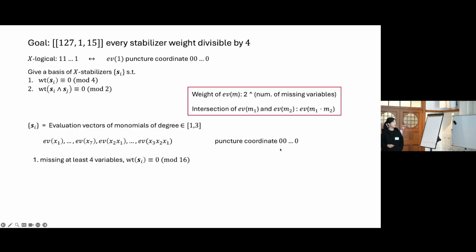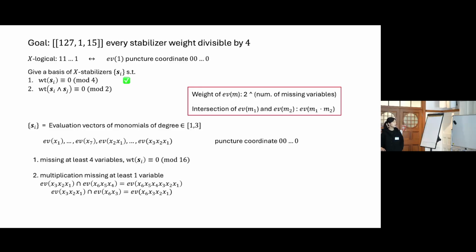So now we can check whether they satisfy these two constraints. If you take each of the S_i, you will see that each of them misses at least 4 variables because the degree is only up to 3. So the weight is at least divisible by 2 to the 4, which is 16. And so the first one is checked.